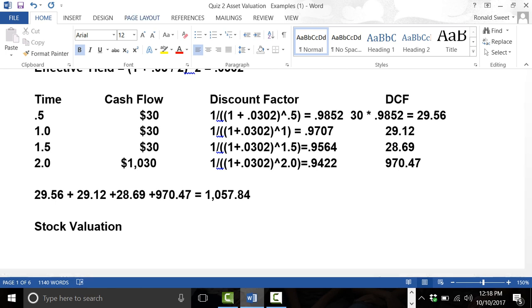The first one is the dividend discount model, in which the value of the stock is the dividend times 1 divided by the discount rate, Ke, minus the growth rate.